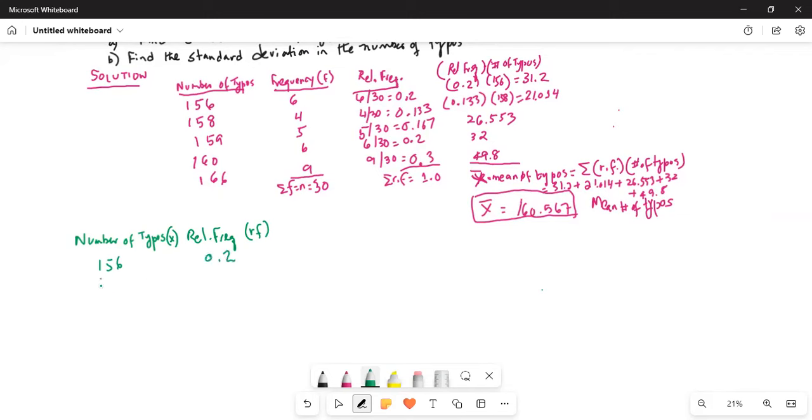Then 158, relative frequency is 0.133. Next one is 159, and the relative frequency is 0.167. Next one is 160, relative frequency is 0.2, and the last one is 166, relative frequency is 0.3.